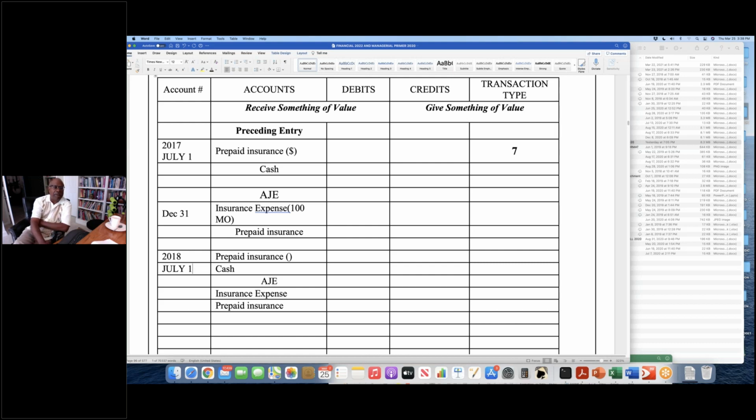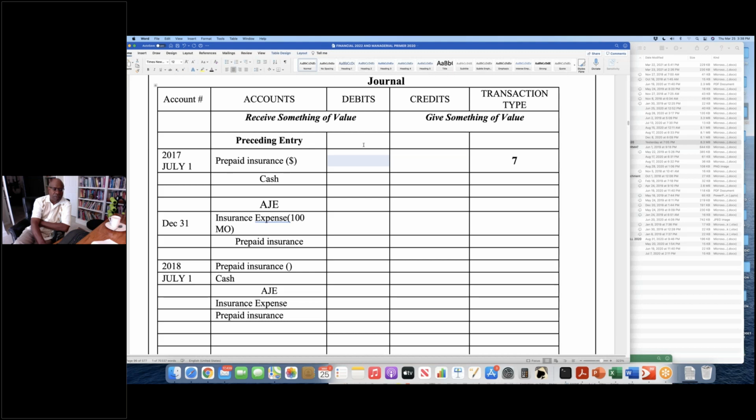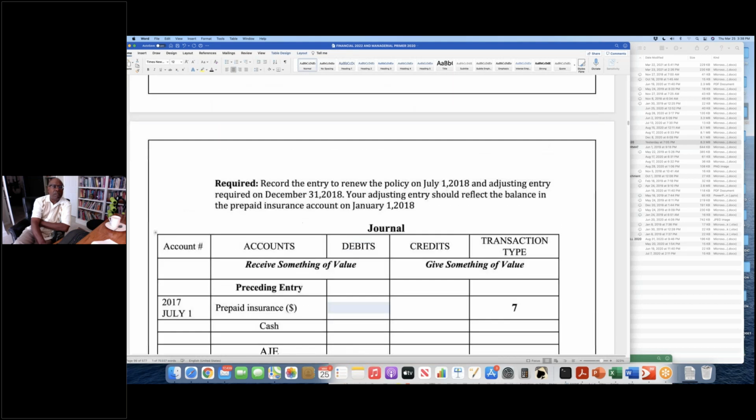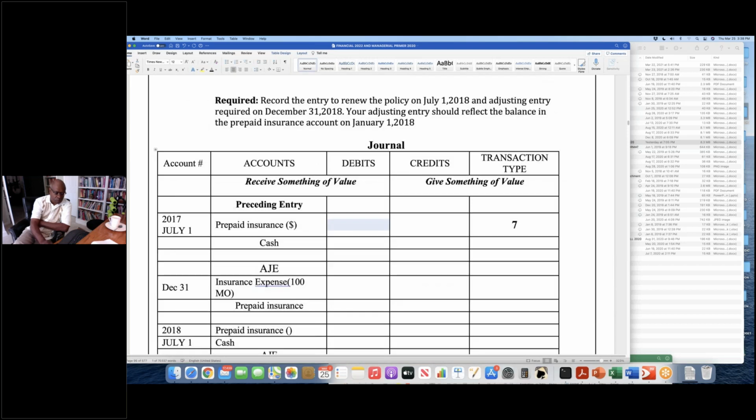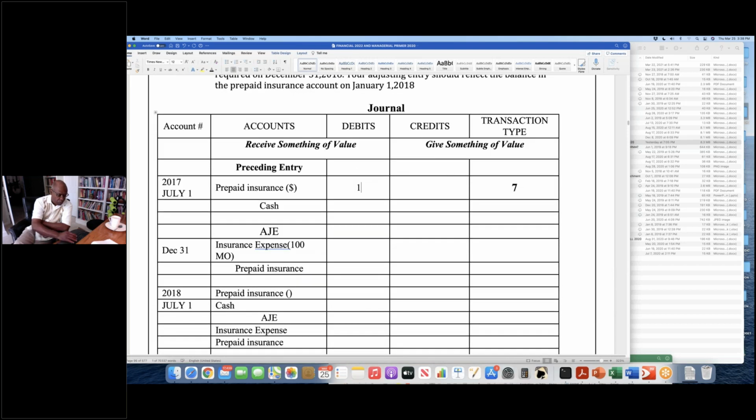So on July 1st of 2017, how much did we pay? 1,800. Okay, 1,800. So what's our adjusting entry going to be on December 31st?